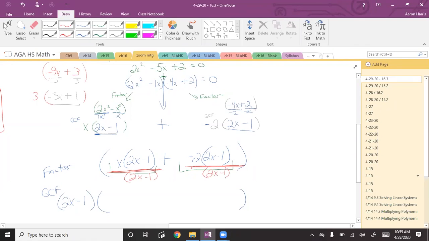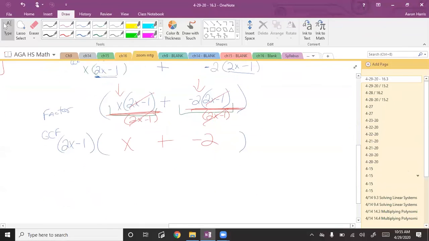So 2x minus 1, 2x minus 1, they all become 1. So what's left? The x. Plus, and it would be plus a negative 2, correct? But a positive and a negative is what? A negative. Good. So x minus 2.